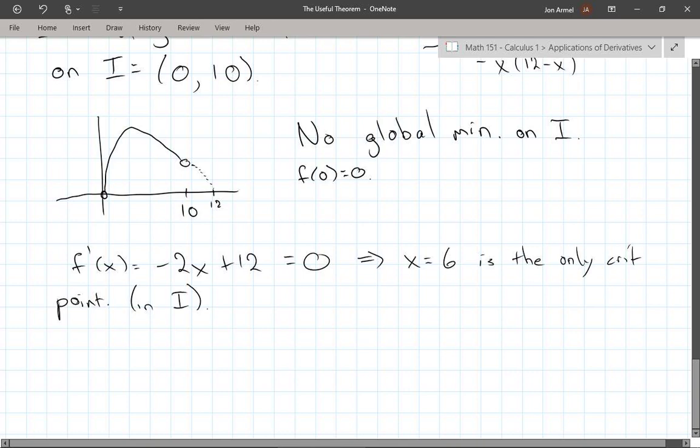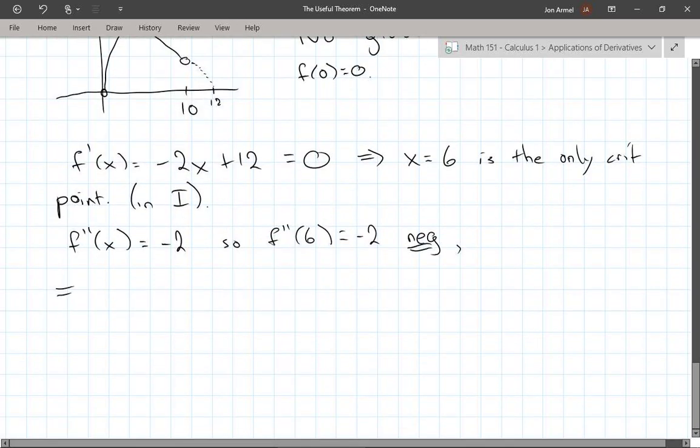So we just need to classify it. I guess I'll use the second derivative test again because that's really simple. f double prime of x equals negative 2. So specifically, f double prime at the critical point is negative 2. That is negative. It even has negative in the name. So we have a local max. The graph is concave down, so at the critical point it must be a local max. So we conclude first, f has a local max at x equals 6.